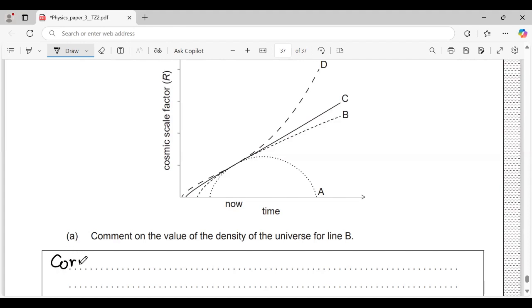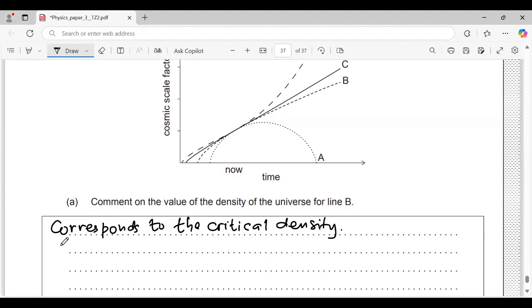I'm going to write here that it corresponds to the critical density. So at the critical density, line B is an asymptote.